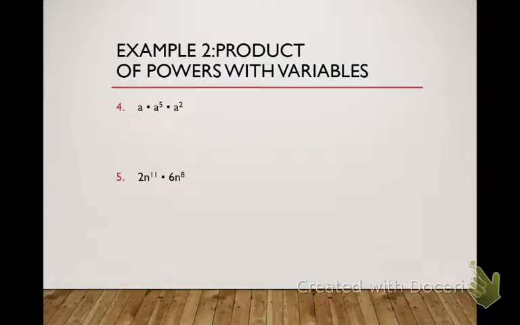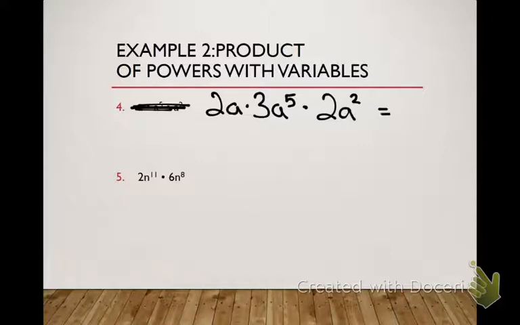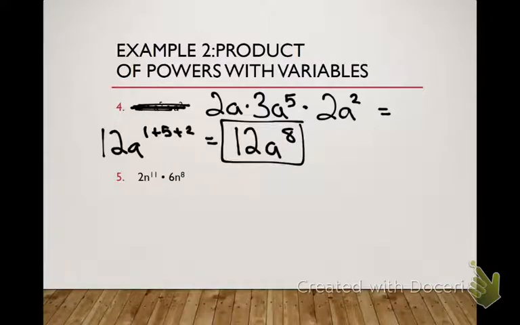Okay, so now we've got these 2 problems. Go ahead and solve numbers 4 and 5. Raise your hand when you're done. All right, so 2 times 3 times 2 is 12. A to the 1 plus 5 plus 2, 12a to the 8th. Now, I'm walking around.